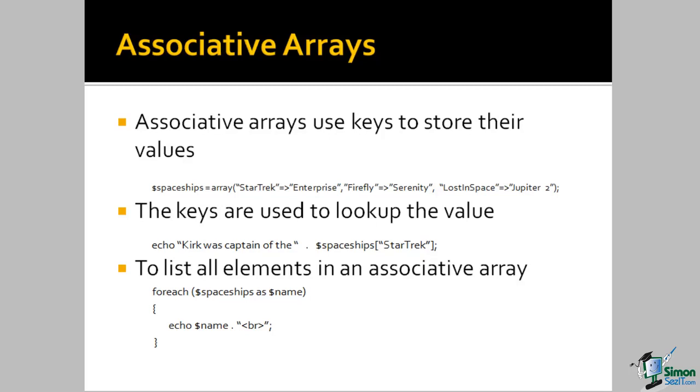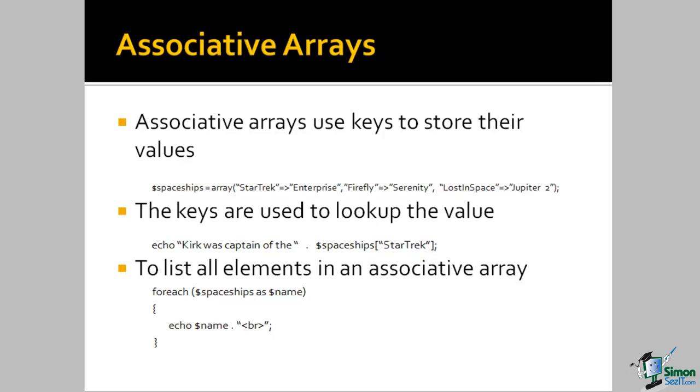So if I wanted to find, for example, the Starship Enterprise, and I know that it's from the Star Trek series, I would ask the array, hey, give me the value that you're storing that's associated with the Star Trek television series.